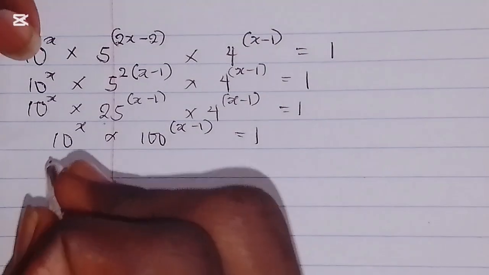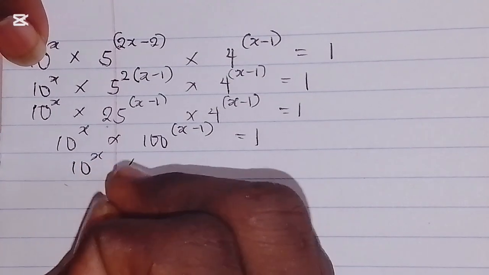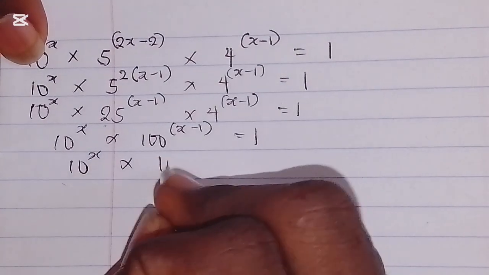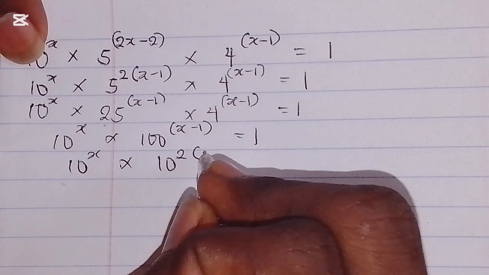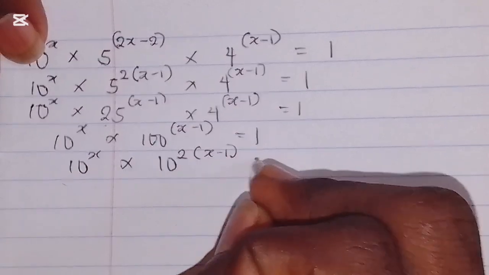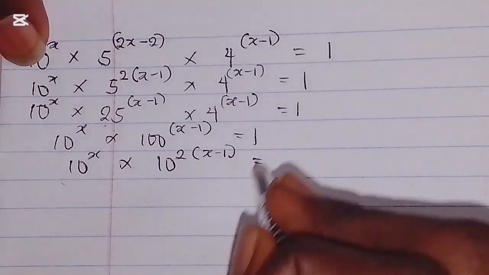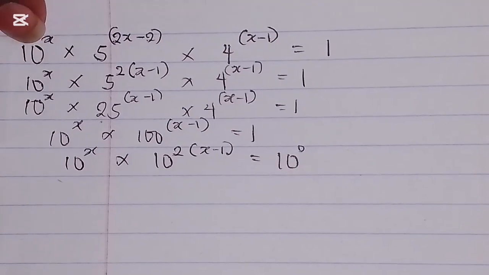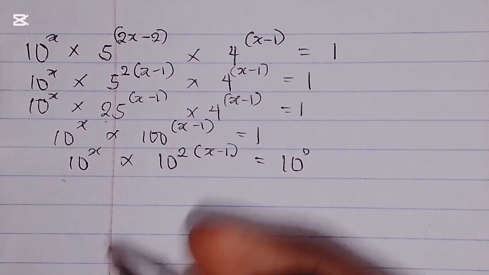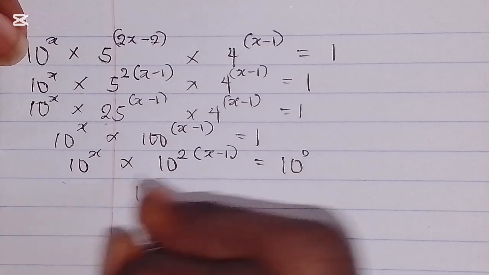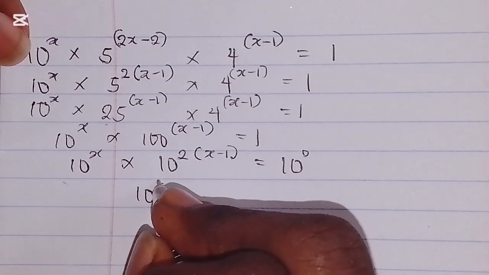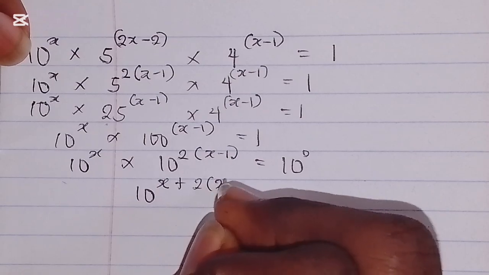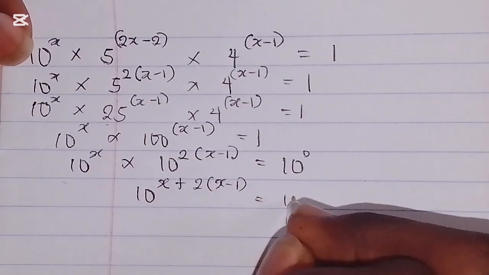Okay, so we now have 10 to the power of x times 100 to the power, 100 is 10 to the power of 2, and x minus 1 equals anything raised to the power 0 is 1. That means we now have 10 raised to the power 0. So we now have what now? 10. Since equal bases, we add everything together. We now have x plus 2 bracket x minus 1 equals 10 to the power of 0.